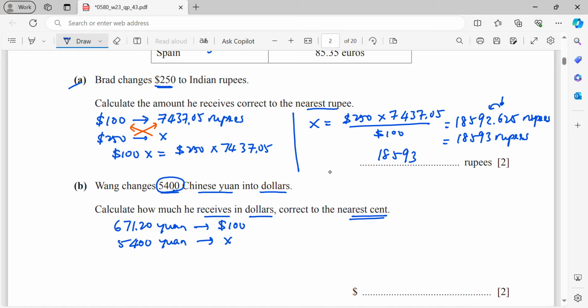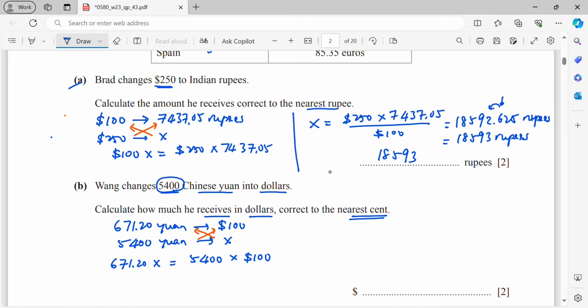Right, so now again use the same method as just now, cross multiply. Then I will be getting 671.20x equals 5400 times $100.